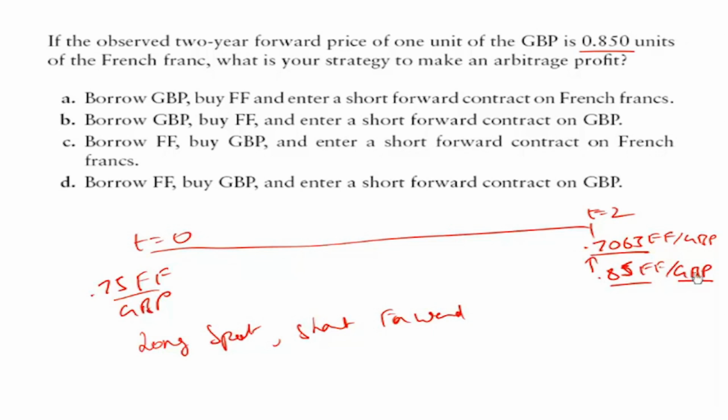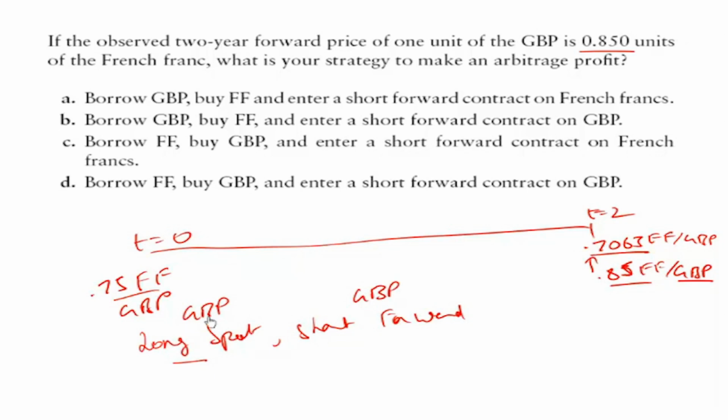So we are thinking from the perspective of GBP, price is 0.85, it should be 0.7063. So GBP is expensive in forward. That means it is cheap in the spot. Either forward price will come down or spot price will go up. So what you need to do is long the spot, short the forward. So long GBP in the spot, short GBP in the forward.